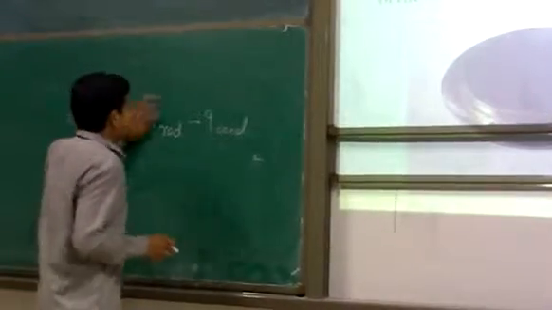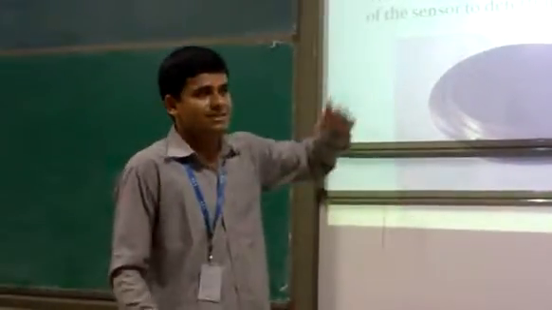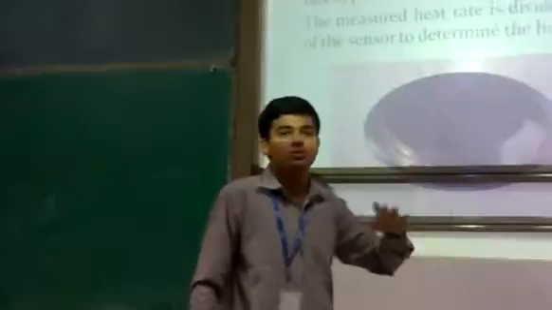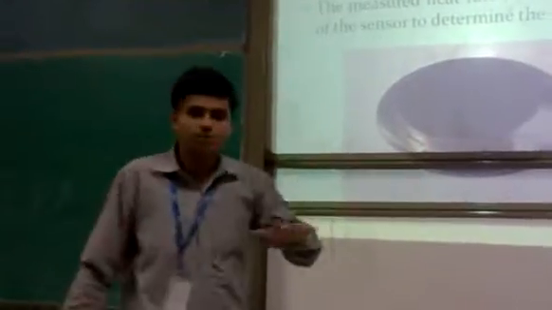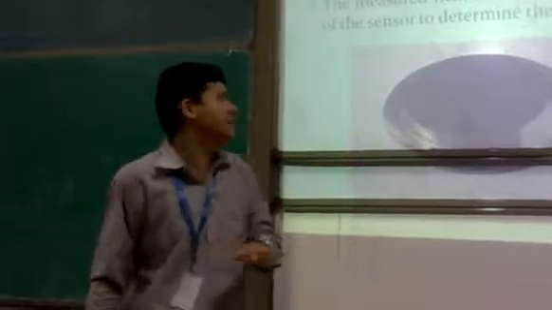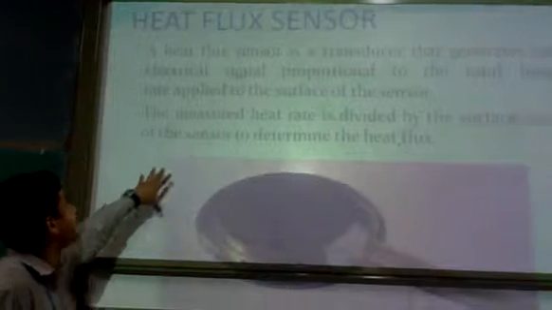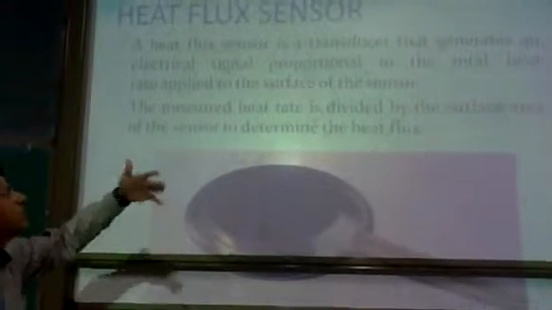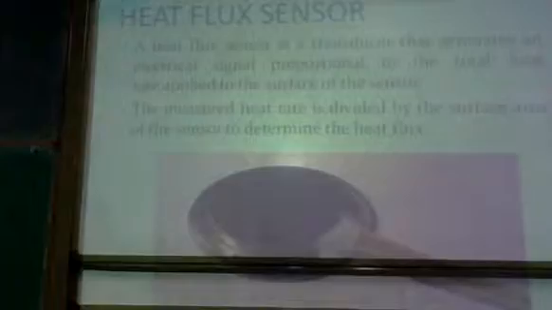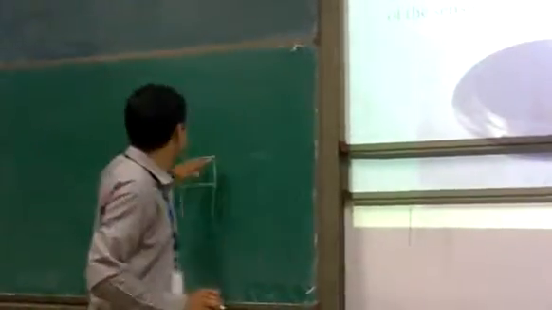Now we come to our sensor, the heat flux sensor. Basically all types of heat flux sensors use a thermopile. There are different types of thermopiles, like J type and K type. Here we will see how it works. It is a transducer that generates an electrical signal proportional to the total heat rate applied to the surface of the sensor. If this is the surface of the sensor, it generates an electrical signal proportional to the total heat I supplied to it.